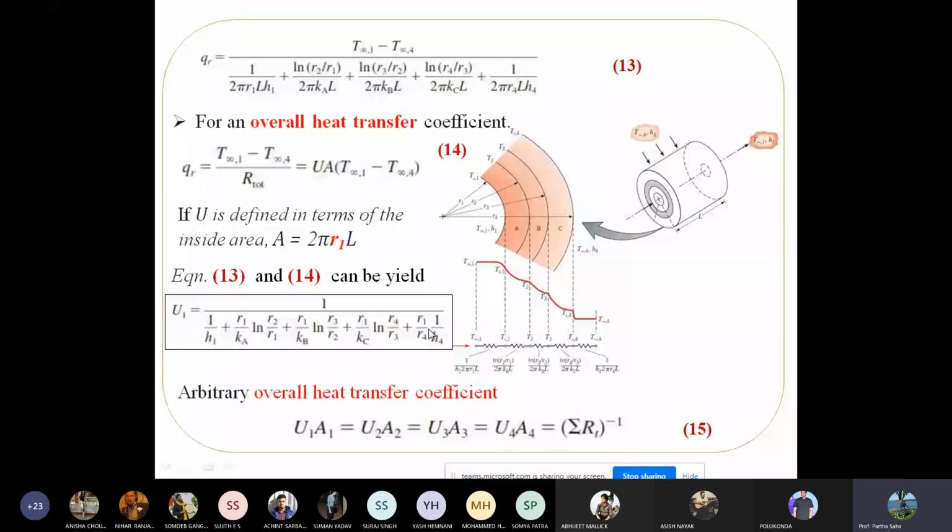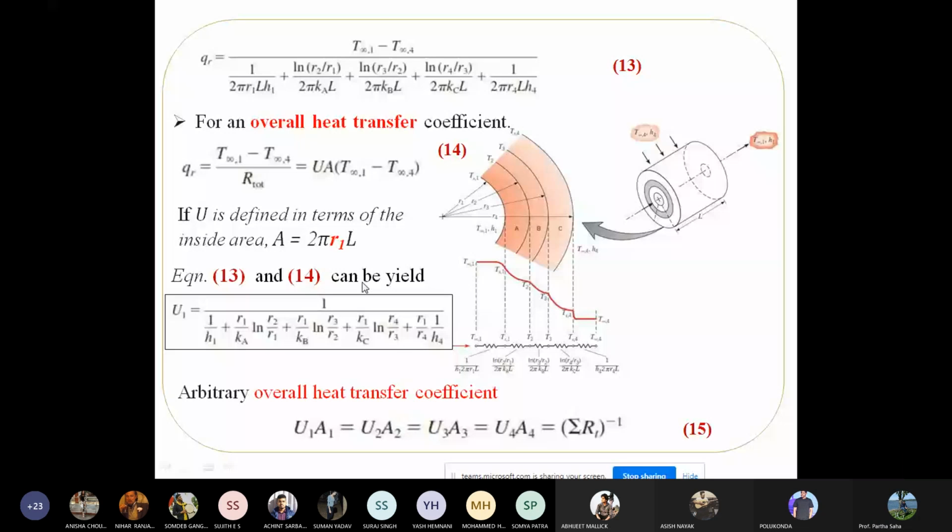We are just replacing this term and considering the area as 2 pi R1 L. The overall heat transfer coefficient can also be written as U1 by A1 if you have inside area A1 and overall coefficient U1, and so on. Most important are this equation and this equation: this is R and this is UI, 1 by R.